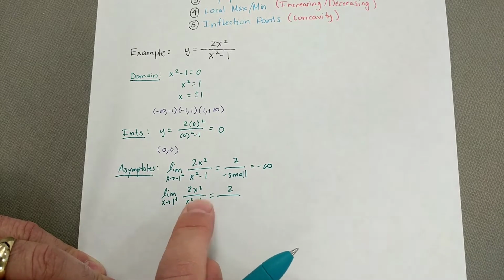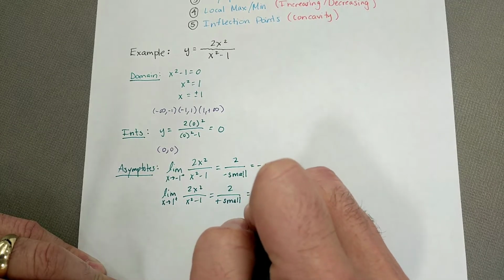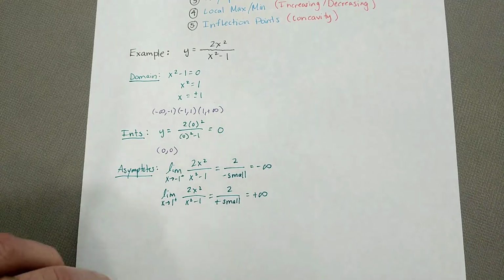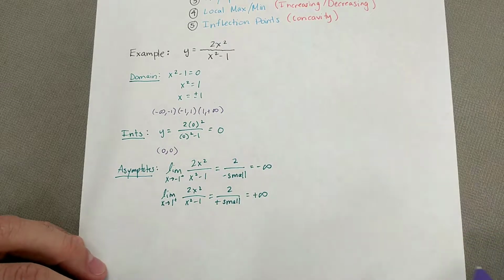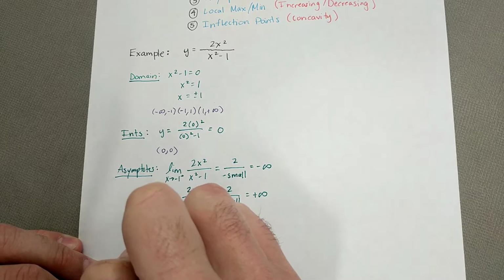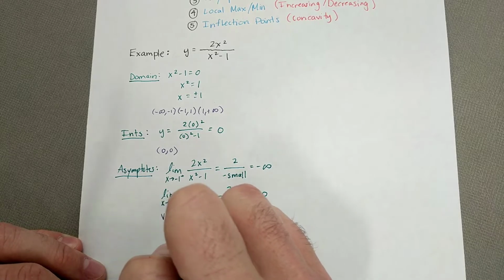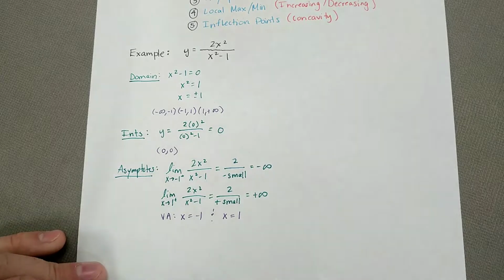So this will be a positive small number, positive approaching 0. So that heads to positive infinity. Great. So I can conclude here that we have vertical asymptotes at x equals -1 and x equals +1.